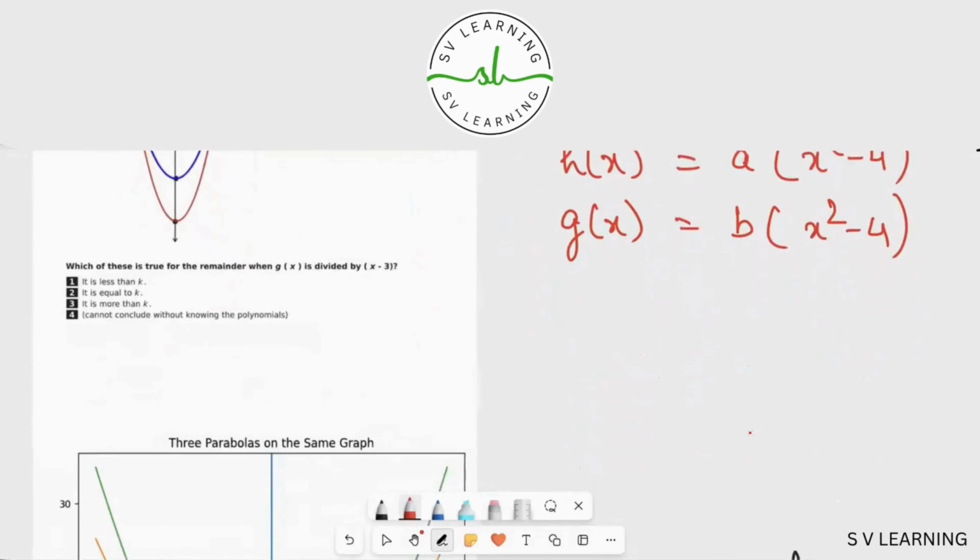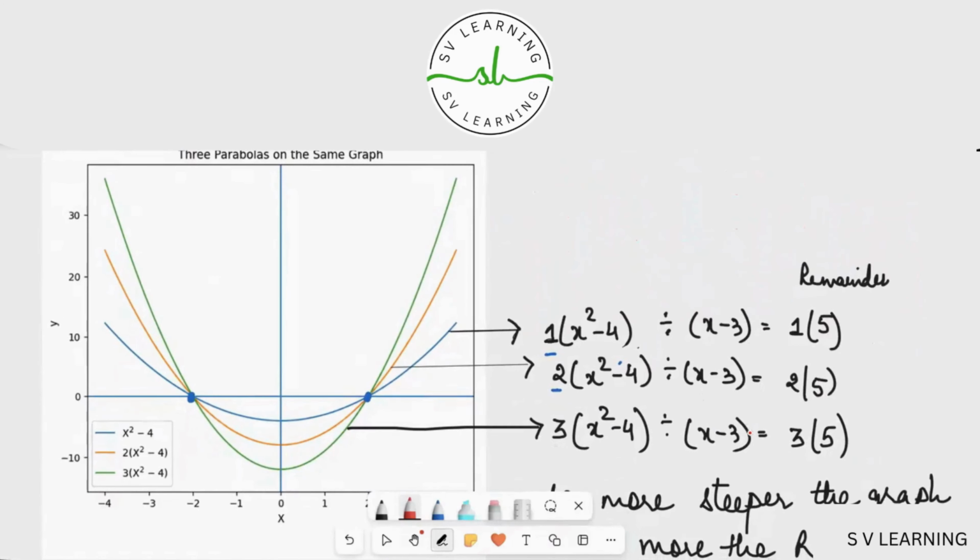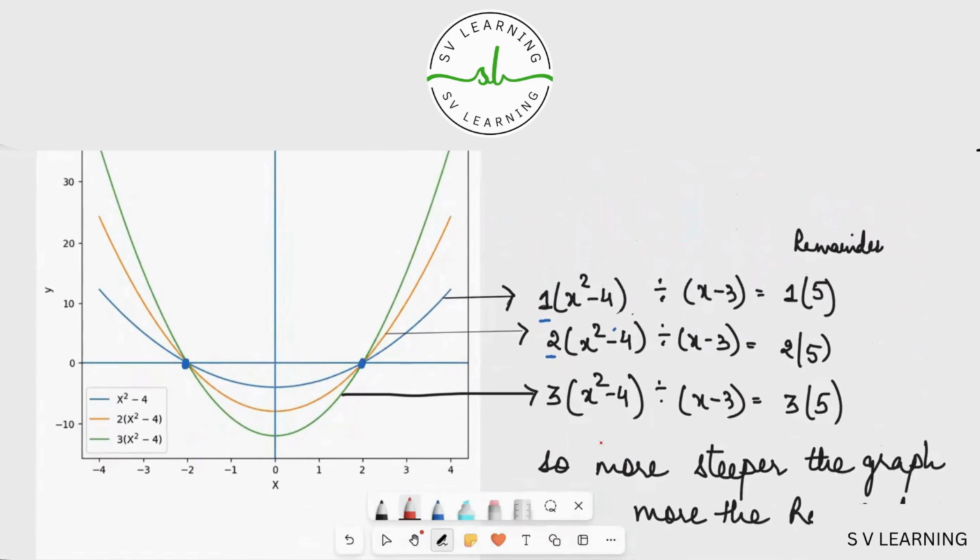I've just tried to create a situation of three parabolas here: x square minus 4, 2 into (x square minus 4), and 3 into (x square minus 4). You can observe that the three parabolas have different dip, and the one which has the highest coefficient, the highest number in front, is the deepest.